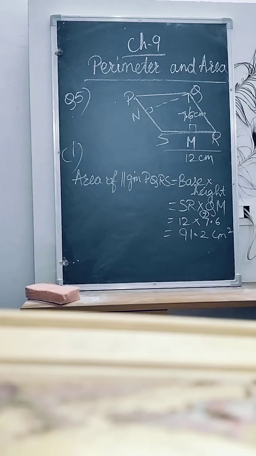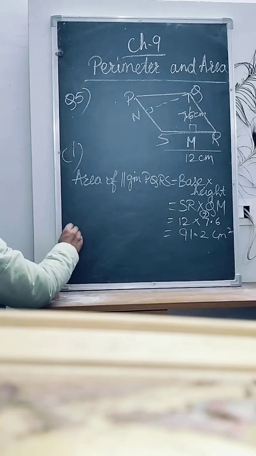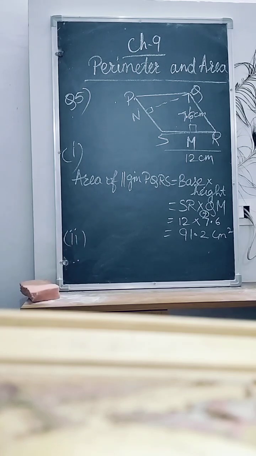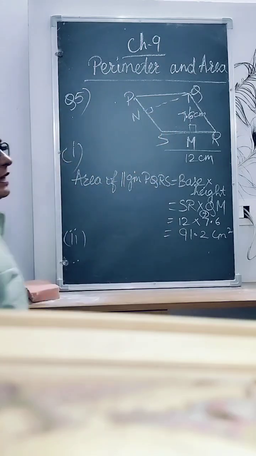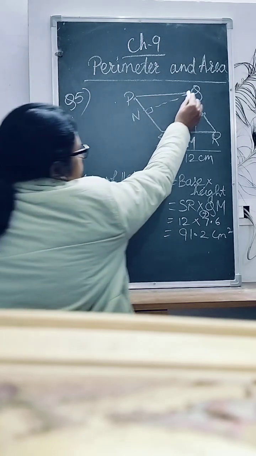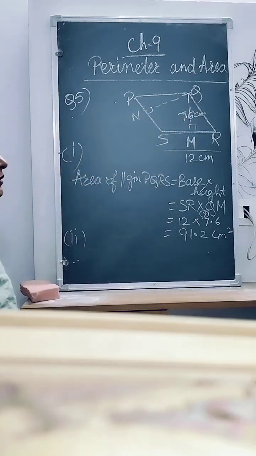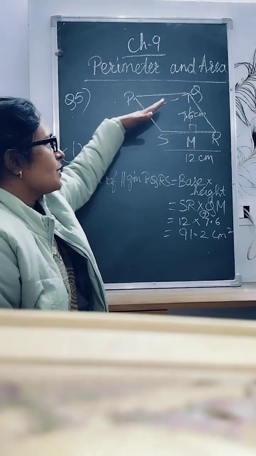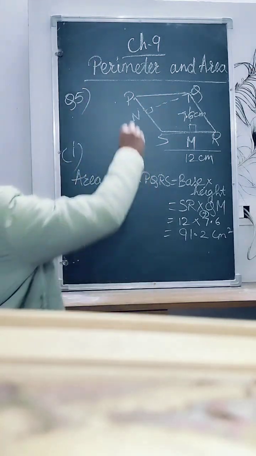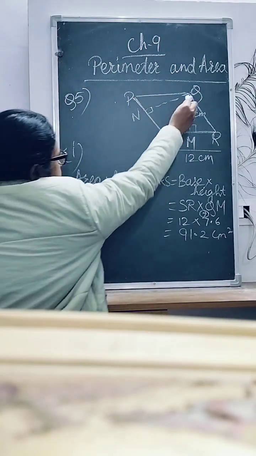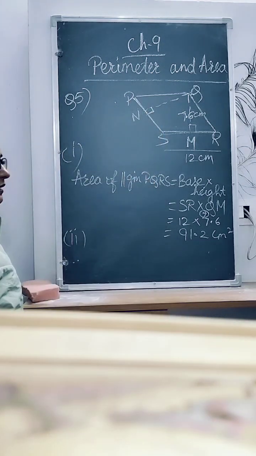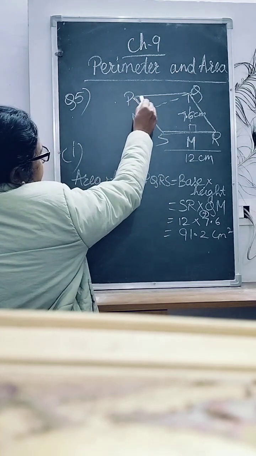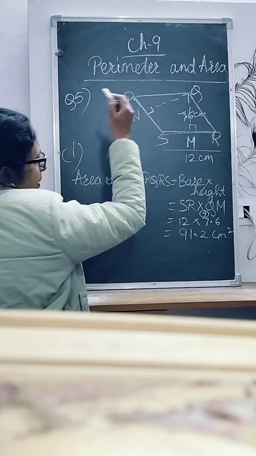First part is there. Now in the second part, they have told that we have to find the QN, this one. Now if you see QN, this one is perpendicular, as I have told you, that perpendicular is always at 90 degrees to the base. If this one is Q1, it is at 90 degrees, and the base would be PS.